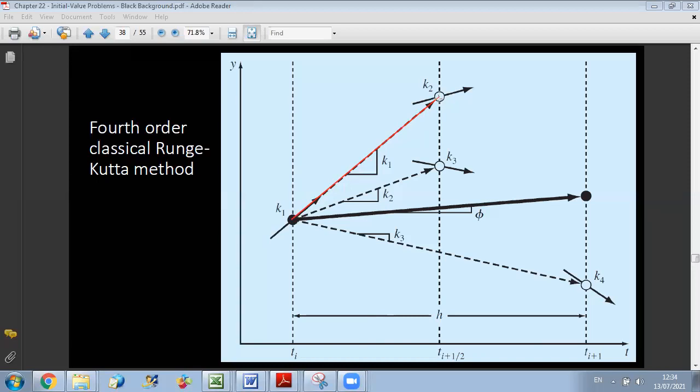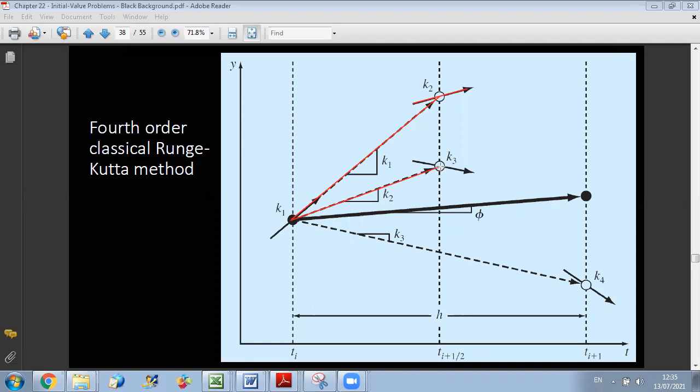I evaluate Y at this point, which will allow me then to replace into the differential equation Y prime to get K2. Once I get K2, I go back to the first point, and again, I draw a line of slope K2, and again, I stop. So this is, if you want, a correction of the midpoint.